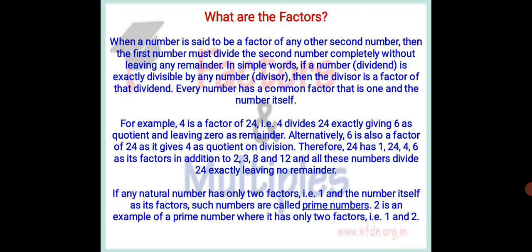Now, I'm coming to the point about explanation of factors. What are the factors? When a number is said to be a factor of any other second number, then the first number must divide the second number completely without leaving any remainder.